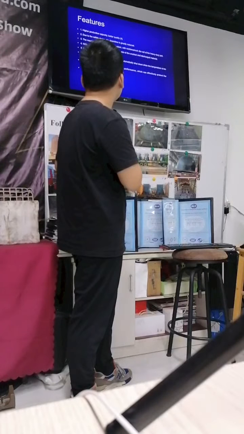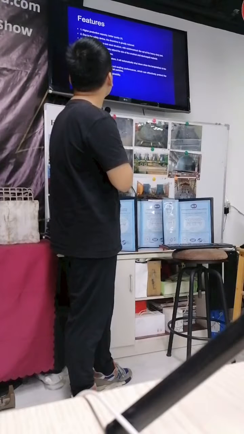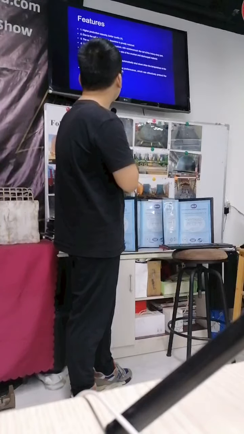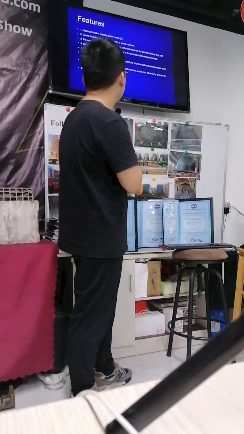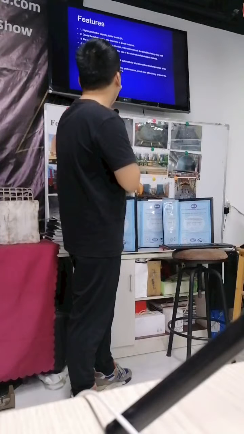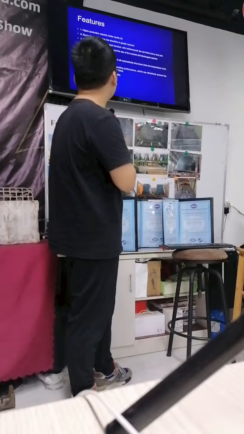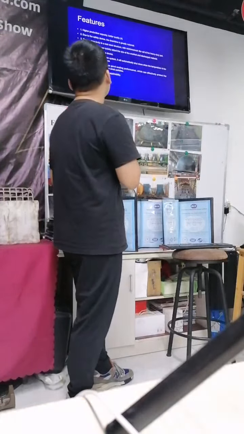The fifth advantage is it can provide the screen protection device. The sixth advantage is with a complete lubrication system. It will automatically shut down when the temperature is too high or flow rate is too slow. So it is a safe machine for you to use.